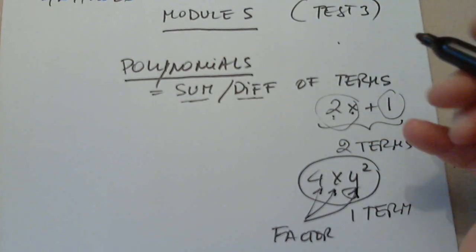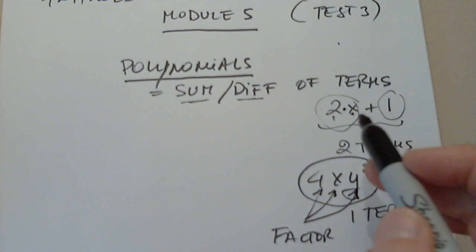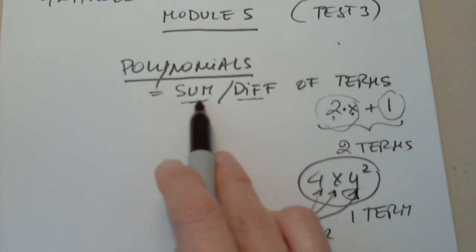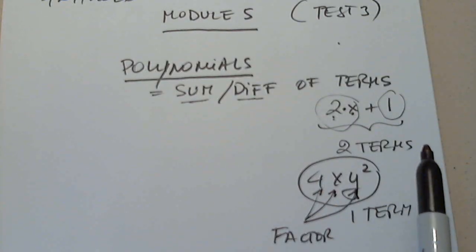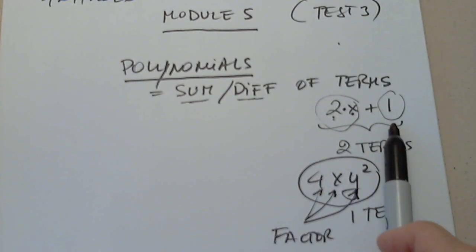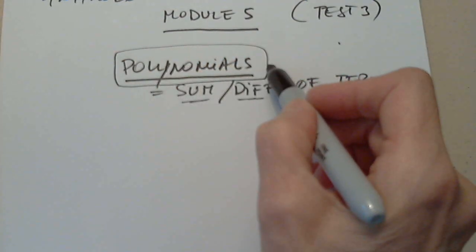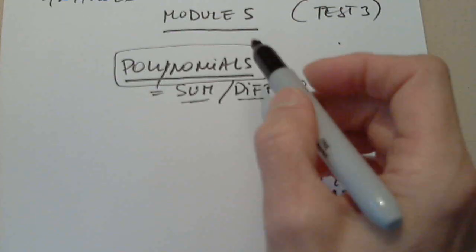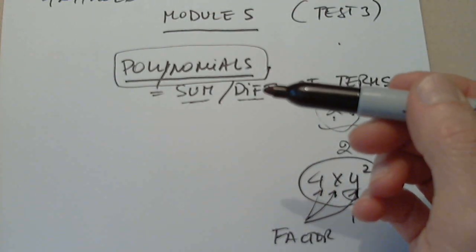They are factors because they are connected by multiplication. But when we start adding or subtracting, we're not adding and subtracting factors, we're adding and subtracting terms. So this is a very big umbrella of expressions or functions.